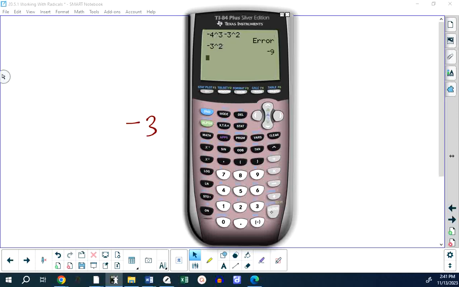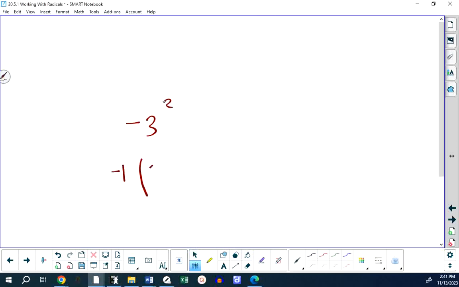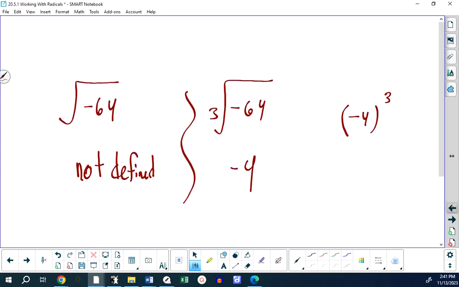It's going to give you negative 9. This is a discussion you've had in Math 10. What this means is negative 1 times 3 squared. So when you are raising a negative base to an exponent, you need brackets. So if you want to figure out what this is, you go bracket negative 4 end bracket cubed. It's not going to matter in this case because it's going to be negative anyway.